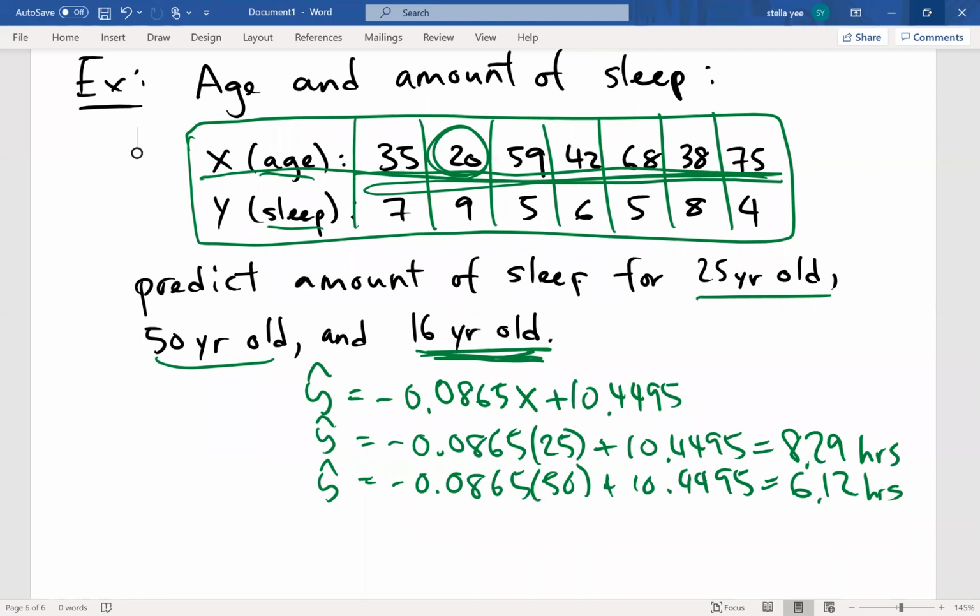So it's not appropriate to predict the amount of sleep that 16-year-olds get given this data set. If you wanted to predict the amount of sleep that 16-year-olds get, you need a bigger data set that considers subjects that are younger as well. And hopefully, if the linear relationship continues within the age range, then you can use that new formula.